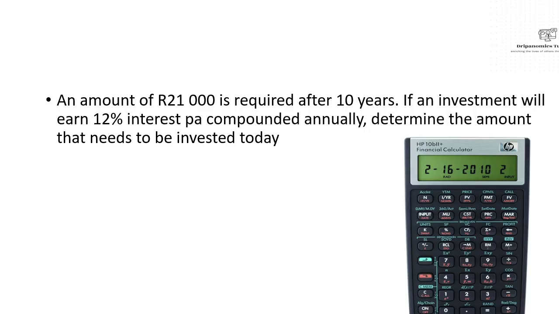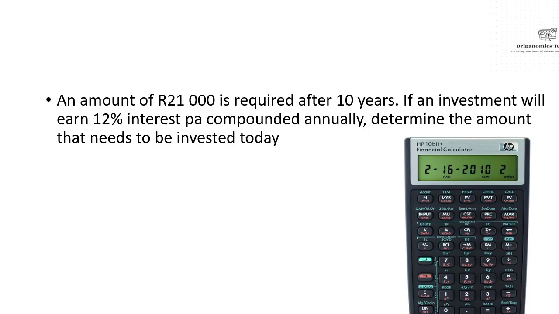Now let's go line by line digesting what is actually happening. First sentence: an amount of 21,000 is required after 10 years. They've given you three things: the amount, the n, and what this amount will be, the present value or the future value.